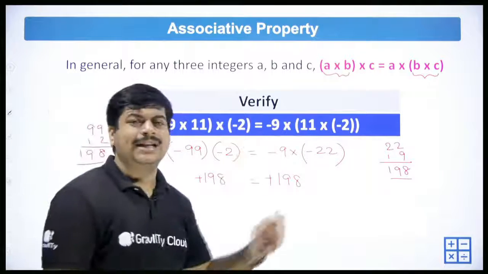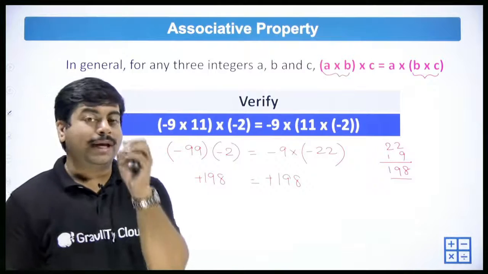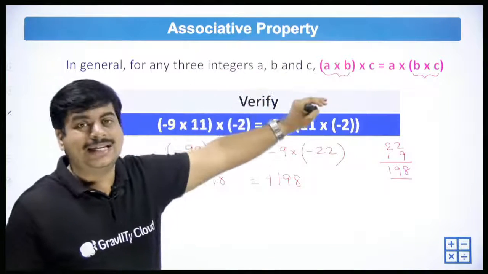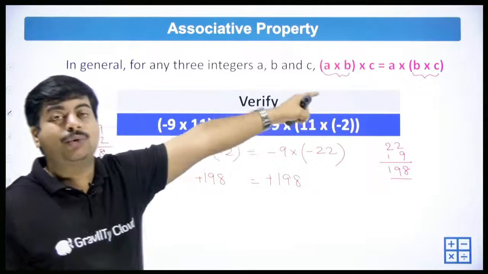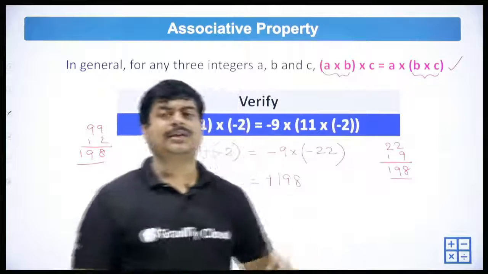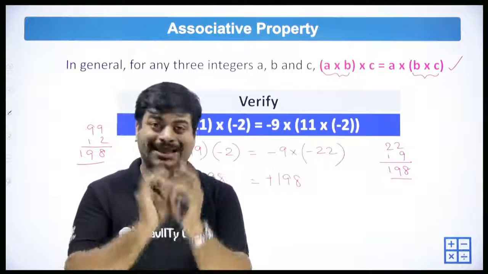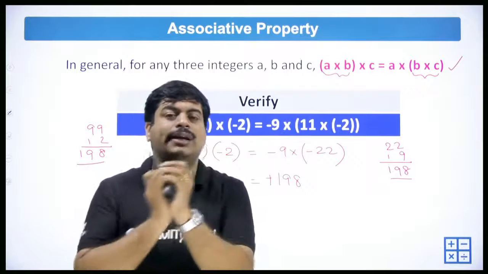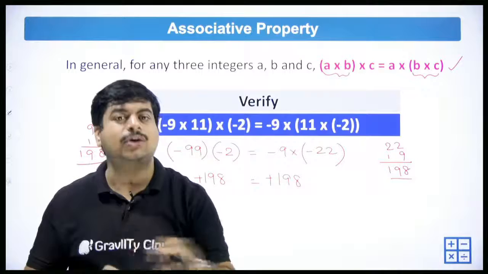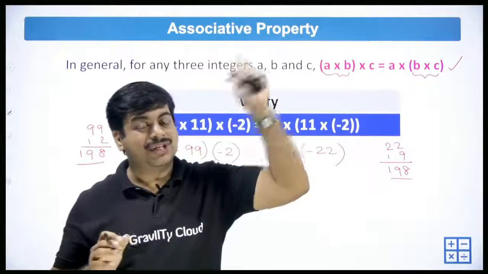Not only this one, you can take any numbers, positive, negative, zeros, every integer. So in associative property, multiplication is valid. That means that relation is correct. It is true. We can multiply in any order. Not only in integers, when you take natural numbers, whole numbers, zero as well, positive, negative, whatever the numbers, you can multiply in any order, you will get the same answer at the end, just like the addition.